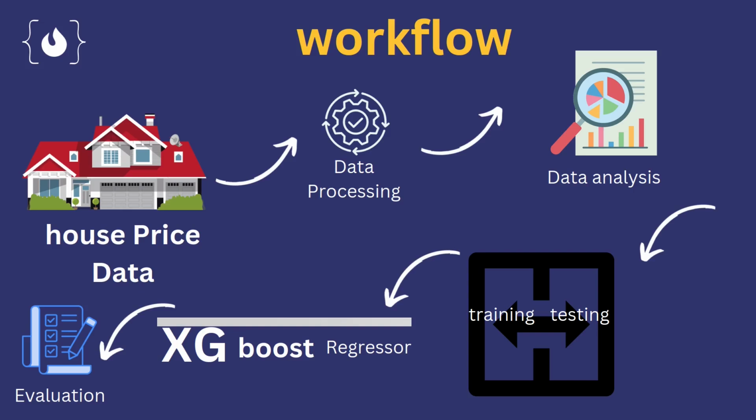Now let's see how we can solve this problem. This is the workflow. First of all, we need this house price data. We cannot feed this data directly to our machine learning model, so we need to do a lot of processing by following some steps. After getting the house price data, we do the data processing steps.